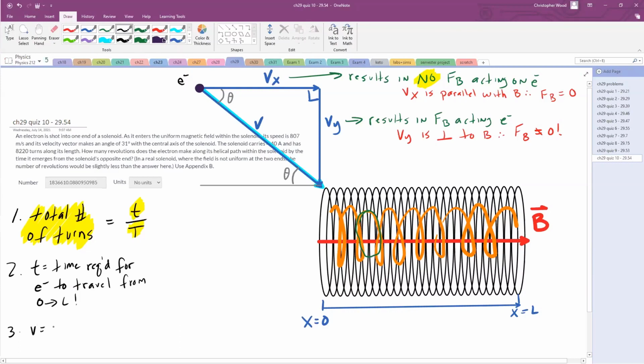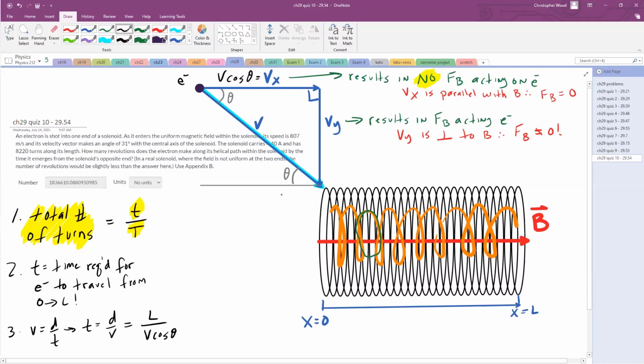If velocity is distance divided by time, then time equals distance over velocity. So in our case, little t equals distance, which is L, all over velocity, which is Vx, or V cosine theta. Vx here equals V cosine theta.